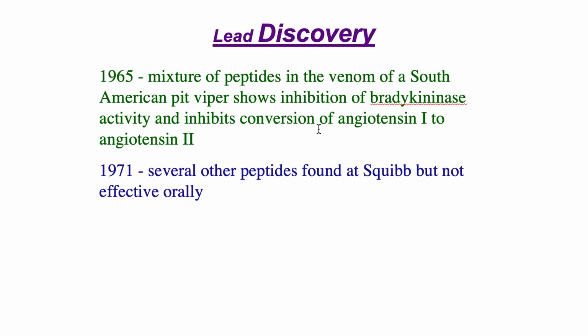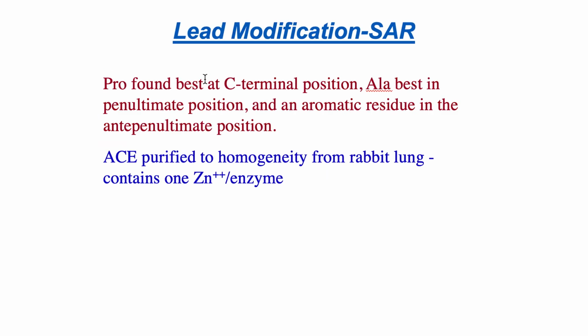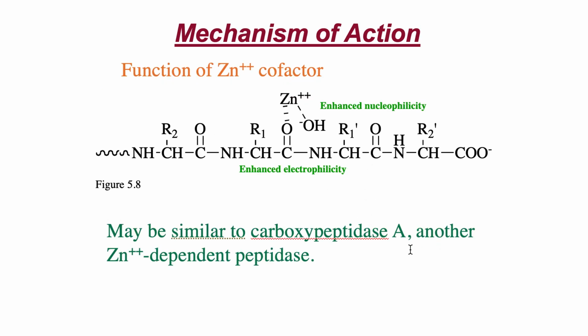So they originally found this in pit viper venom back at what is now Bristol Myers Squibb. They found that it was a zinc-containing enzyme. They figured out the mechanism of action.